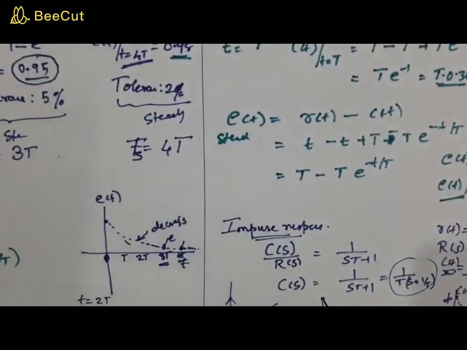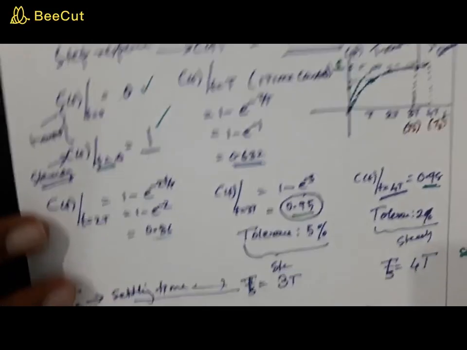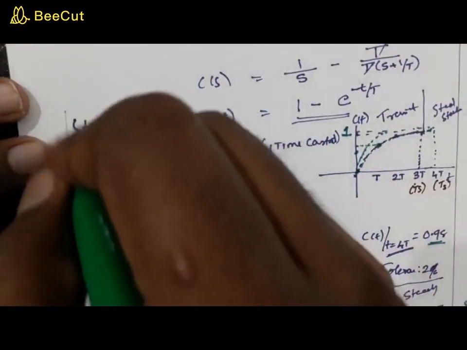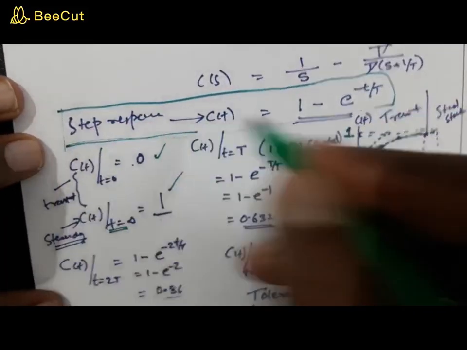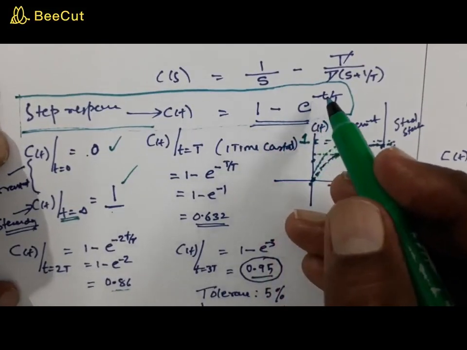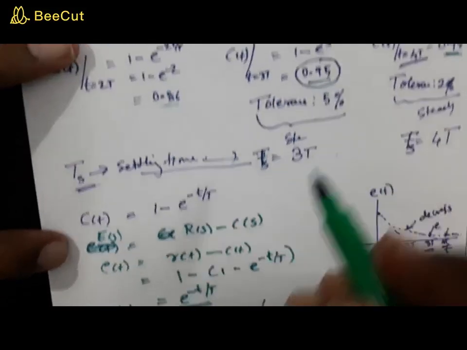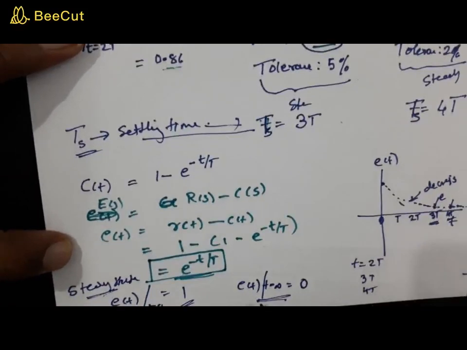I'm just going to have a brief recap of this. We have found out the C of t, the step response. The step response for a first order system is 1 minus e raised to minus t by T, and we have found the error, the steady state error, to be e raised to minus t by T, and we have seen that the steady state error becomes equal to 0.